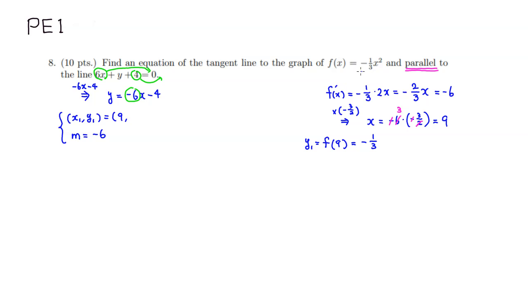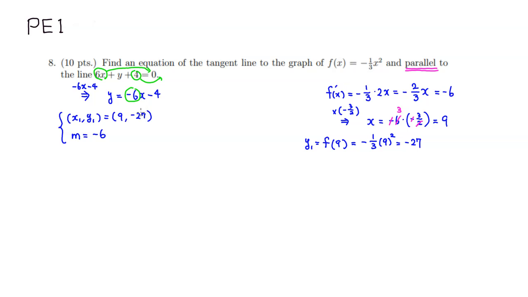We're looking at the original function, so you have negative 1/3 times 9 squared. 9 squared is 81, and 81 divided by 3 is 27. So this is going to be negative 27. We have a negative 27 here.